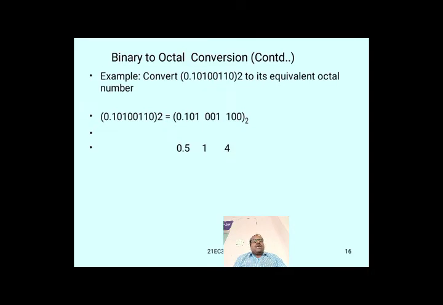So the corresponding answer is 0.101001100 base 2 equal to 0.514 base 8. Please make a note of it. It is another type of problem. It does not resemble the previous problem. In that one the integer part was large, here the fractional part is large. Okay, completed.